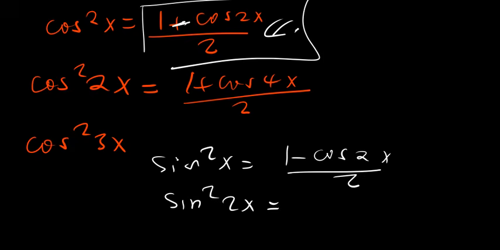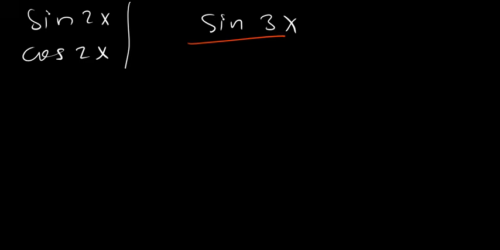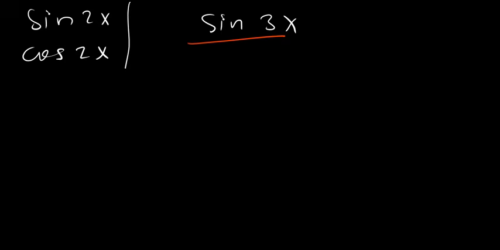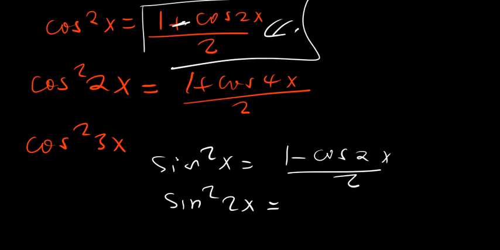So this is what we're going to do here. This is what we're supposed to do. So now we are talking about tan 4x. So now this is going to be sine 4x. You know sine 4x already, we have talked about it.